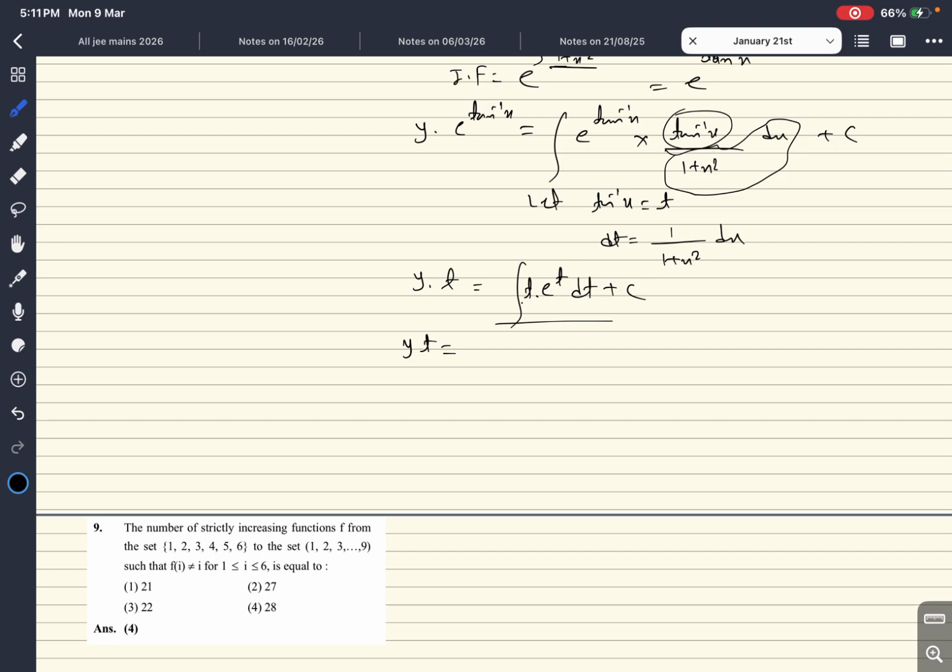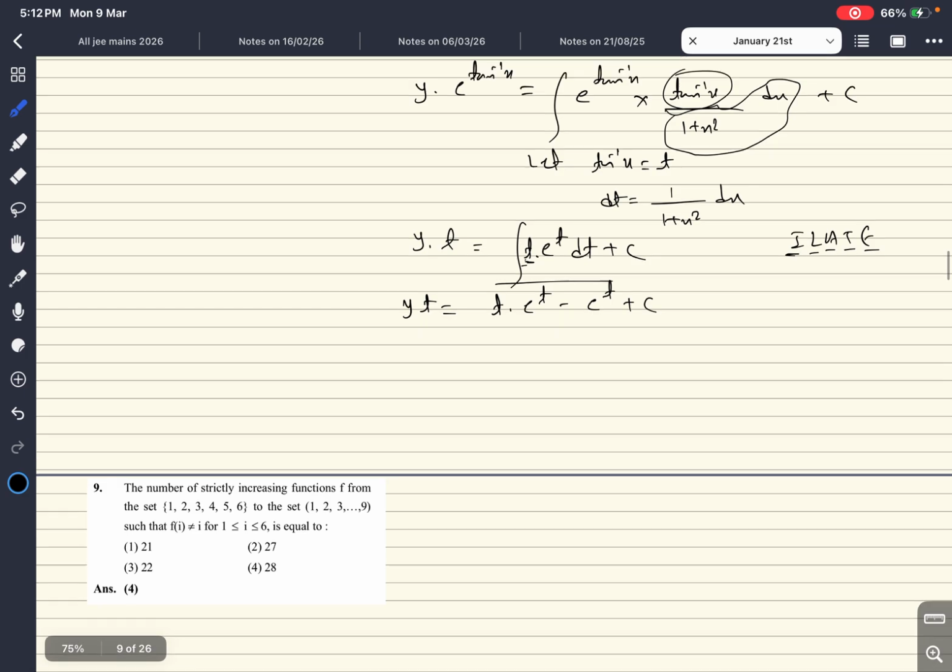So t is your first term because of the rule: inverse trigonometric function, logarithmic function, algebraic function, trigonometric function and exponential. So algebraic we have to take as the first function: t into integration of e power t, which is e power t only, minus integration of differentiation of t which is 1, integration of e power t is e power t, and if I again integrate, what will be coming, e power t plus c. Correct.